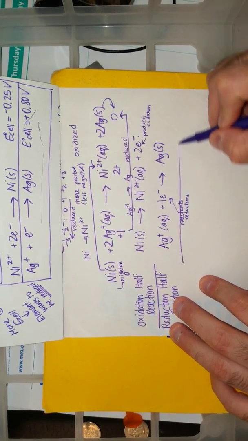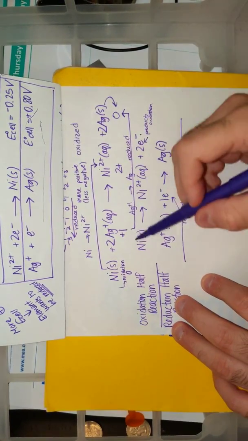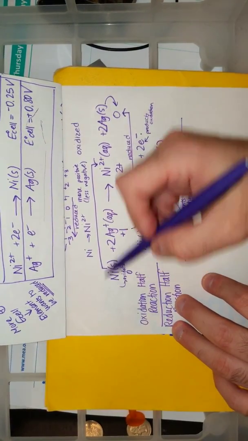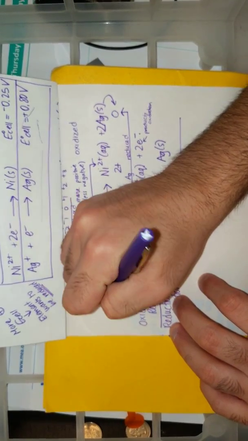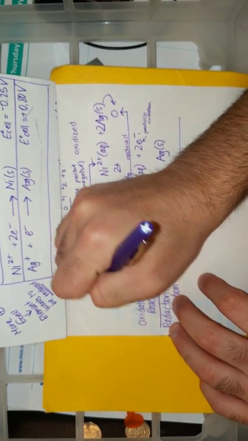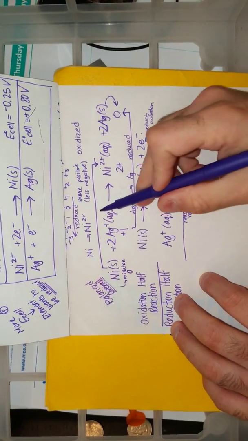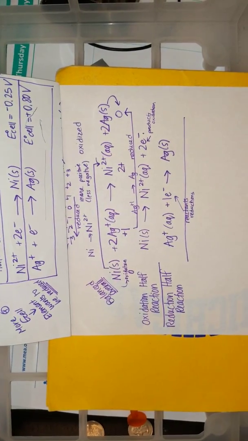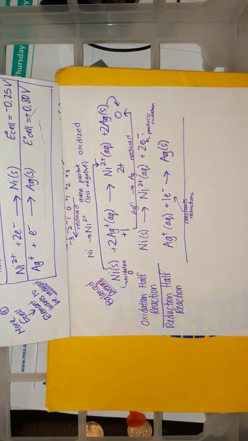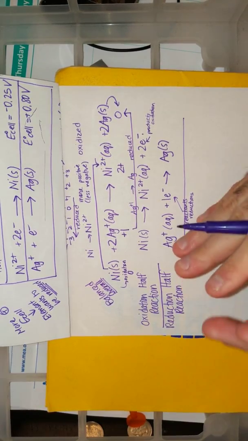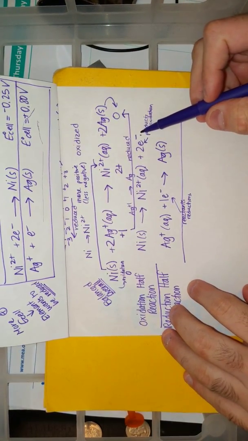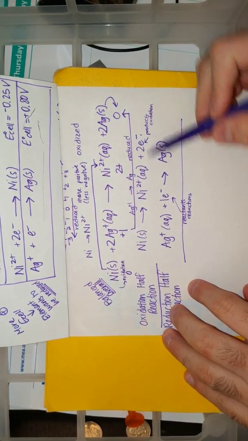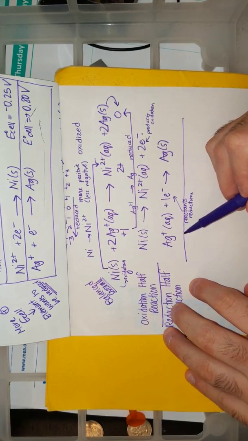Now, side note, in order to get these two half reactions to look like the balanced reaction overall, the electrons that I am adding have to be equal to the electrons that I'm releasing. So nickel releases or loses 2 electrons, and silver is only gaining 1.